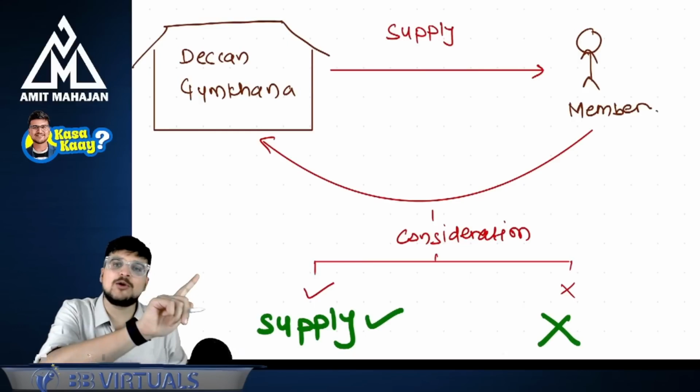If ITC is blocked for me, can I take the ITC? No. If I don't take the ITC, will my outward supply as transfer be considered as deemed supply? No. No ITC, no deemed supply. Perfect. Everybody, I tried to go in depth so that you understand everything conceptually, so that you will be able to crack every question perfectly.